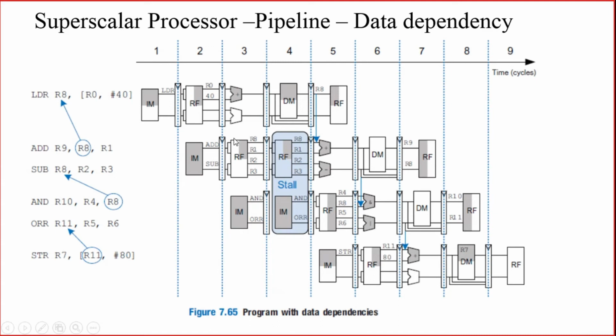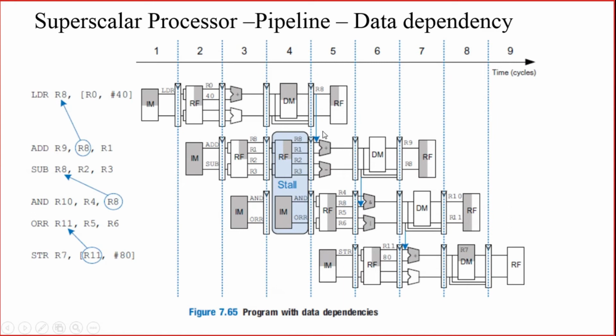So what will happen? That is known as pipeline stalling. So the previous decode stage itself will be stalled to the fourth cycle. And when it is reaching the fifth cycle, R8 is available from the previous instruction because the data memory access stage is over. So R8 will be forwarded from the previous instruction to this instruction.